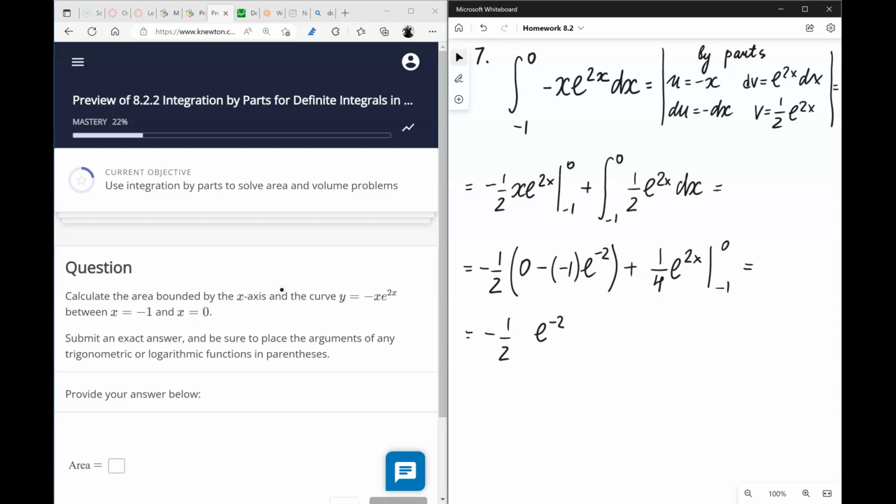We don't need this parenthesis here. Plus 1/4. Now we're doing the fundamental theorem of calculus here. And we're almost done.